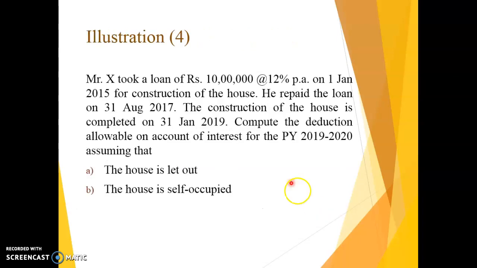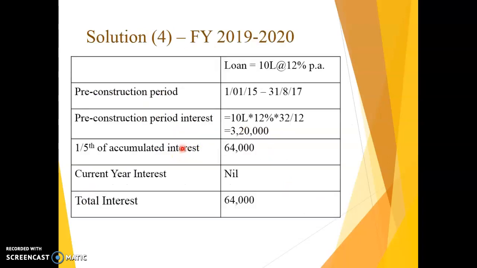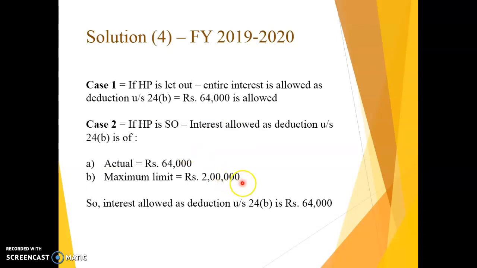Construction is completed within 5 years and the loan is taken after 1999. So all three conditions are satisfied, therefore your maximum limit is 2 lakh. If here there was renovation instead of construction, then the pre-construction interest concept would not come, you would calculate normal current year interest and compare it with 30,000, because the maximum limit in case of reconstruction of property is 30,000. Okay, but in this case, since it is construction and every other condition is satisfied, the maximum limit is rupees 2 lakh. So the lower of 64,000 is allowed, so 64,000 is allowed as deduction.